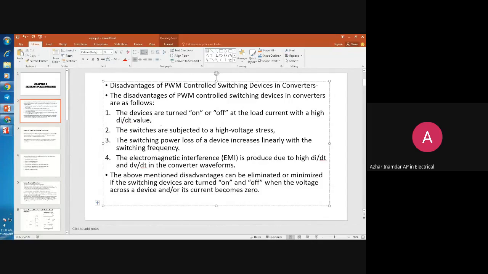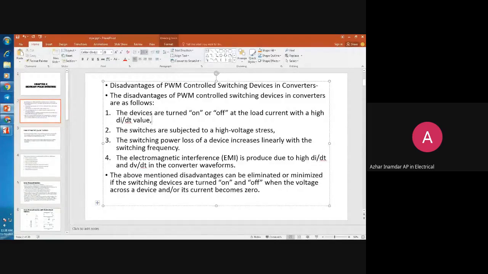So the switches are subjected to high voltage stress, and the turn on and turn off loss could be a significant portion of the total power loss. And the electromagnetic interference, which is EMI, is also produced due to high di by dt and dv by dt in the converter waveforms. So these are the disadvantages of PWM controlled switching devices which are used in the converter.